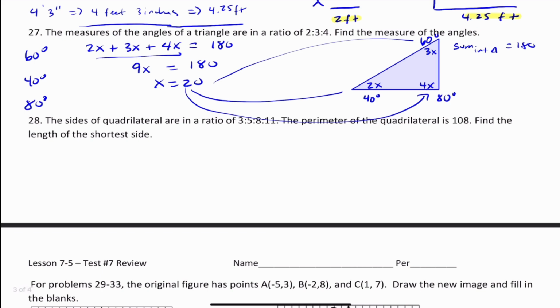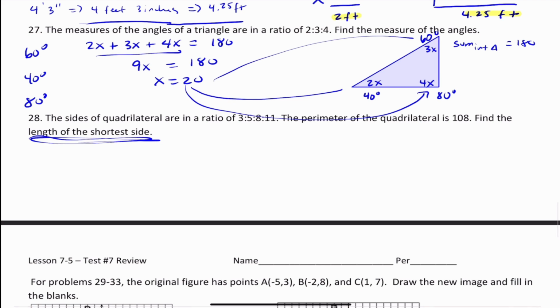28. The sides of a quadrilateral are in a ratio 3 to 5 to 8 to 11, and the perimeter of the quadrilateral is 108. Find the length of the shortest side. Okay, so with a quadrilateral, we have 4 sides. And that means that we have to add these.